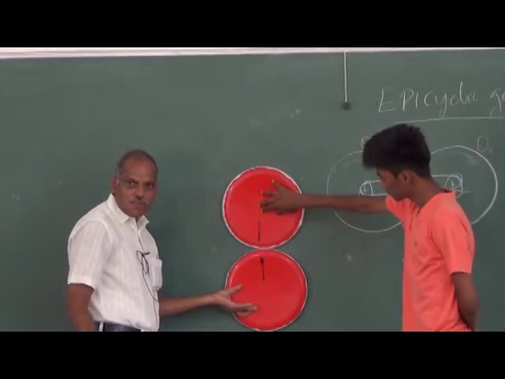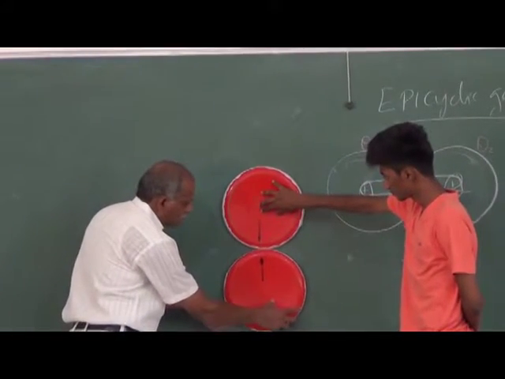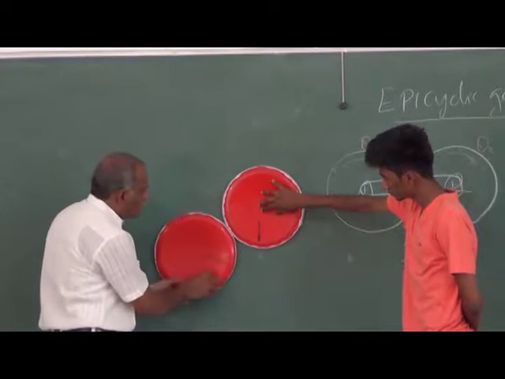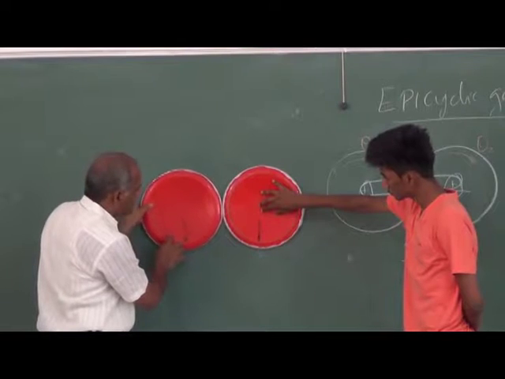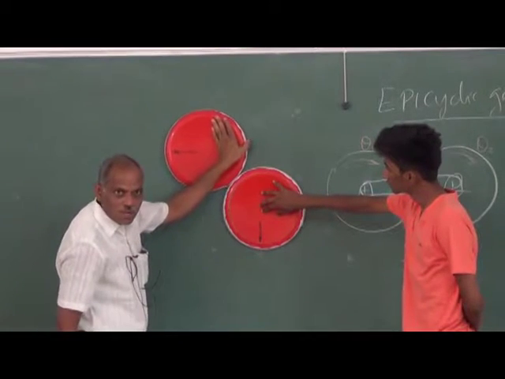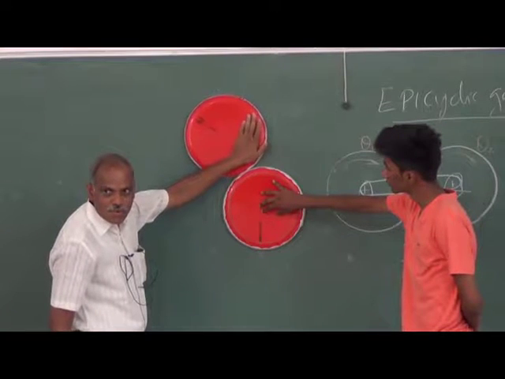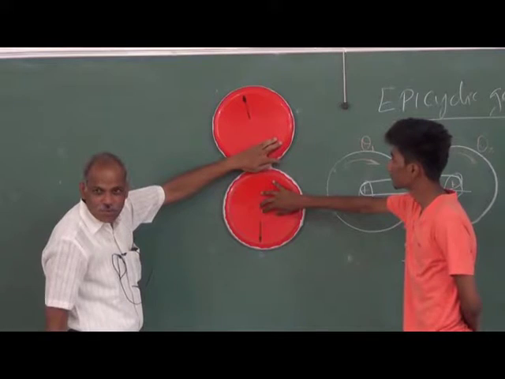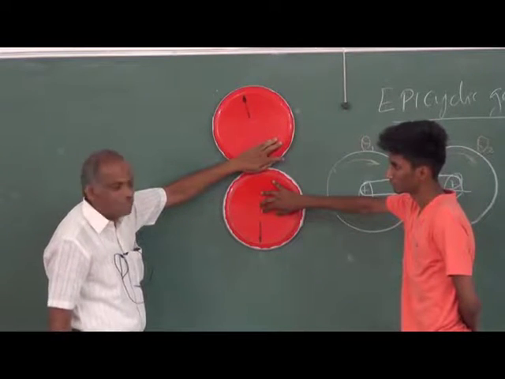Now this is the adjustment. Let me rotate. You see that rotation is taking place without a slip. So as I told you, to avoid the slip, I have used a Velcro adjustment. You would have seen that Velcro in many places.